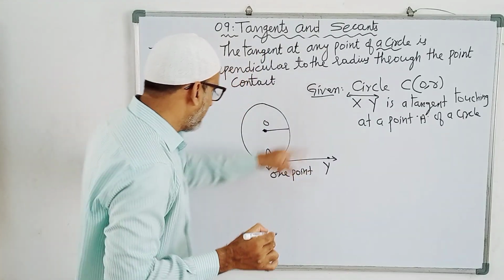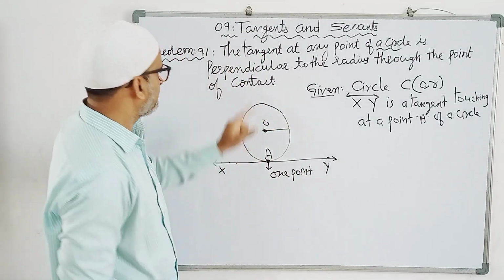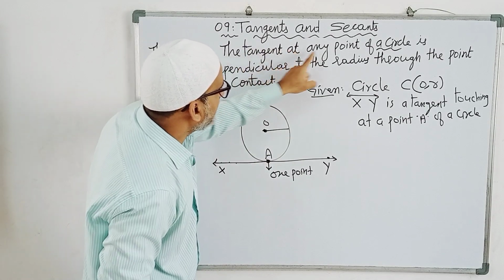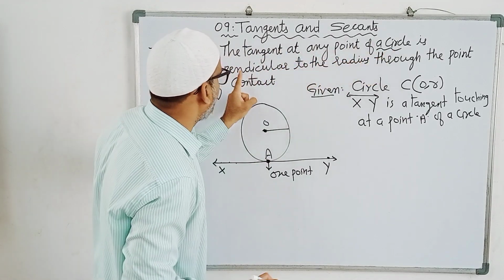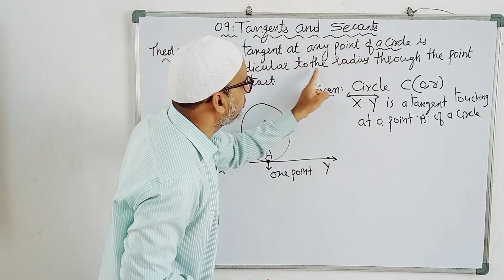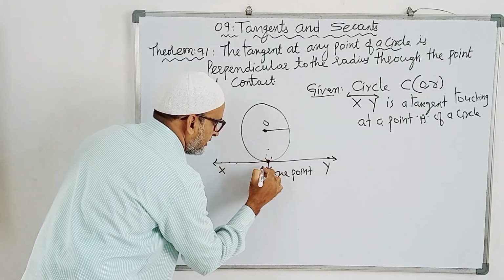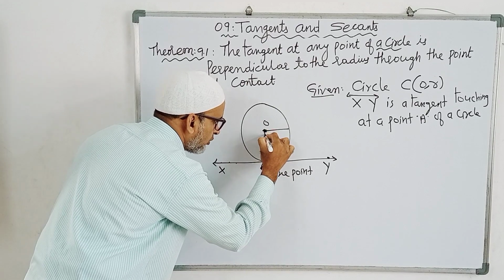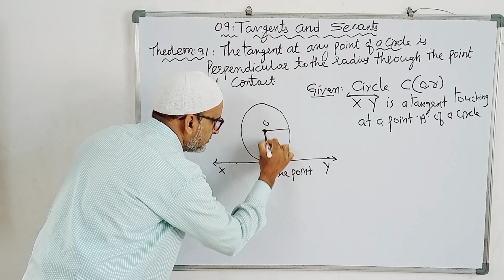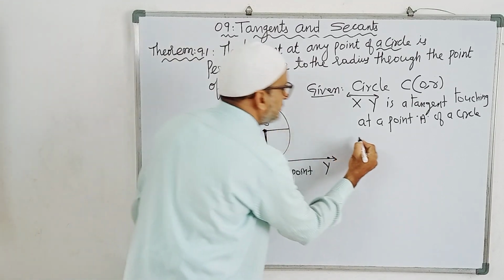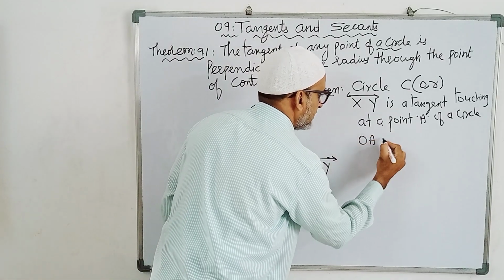On the circle many points are there, I am taking only one point. Okay, the tangent at any point of a circle is perpendicular to the radius. With center A, I am writing here. With center I am drawing one line like this. OA is the radius.